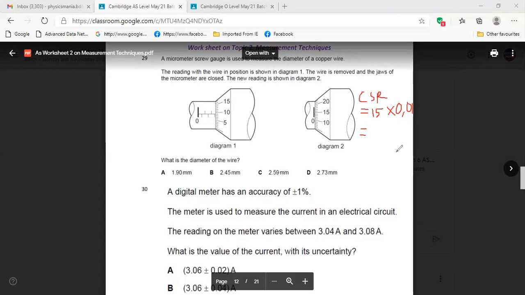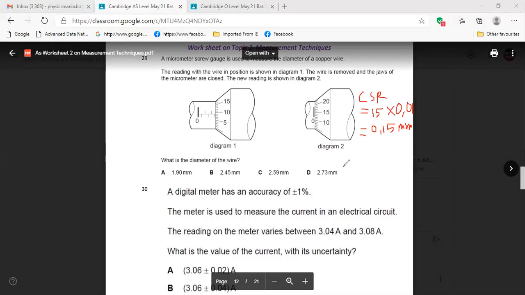It is 0.15 millimeter. Okay, this one is in millimeter. So this one you got as the zero error here.